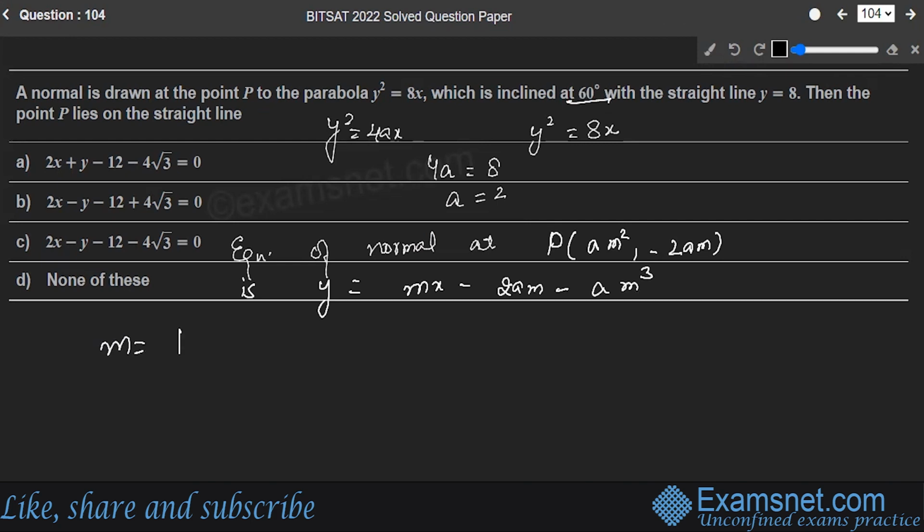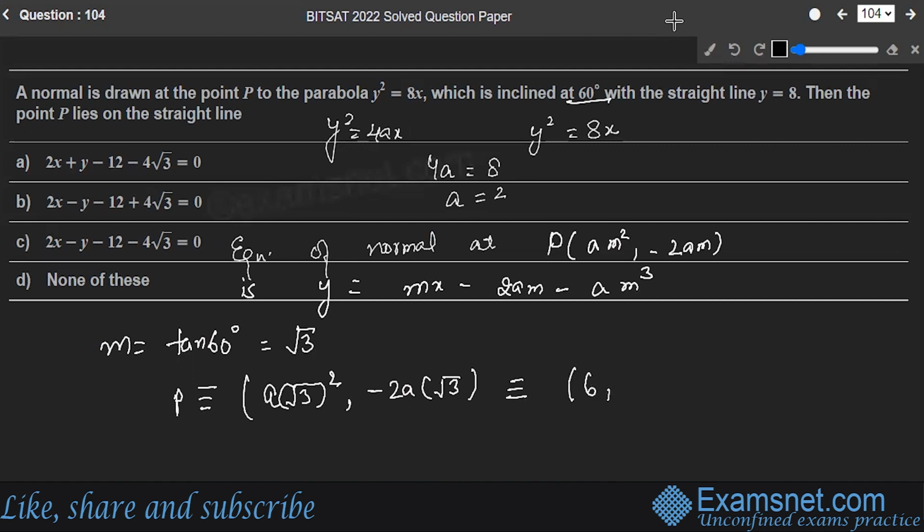So you have m as tangent of 60 degree, which is equal to root 3. Therefore, the point P becomes a into root 3 square comma minus 2a into root 3, which is equivalent to 6 comma minus 4 root 3, because you have a as 2. Okay, so you got the point P. Hope you are clear till here.